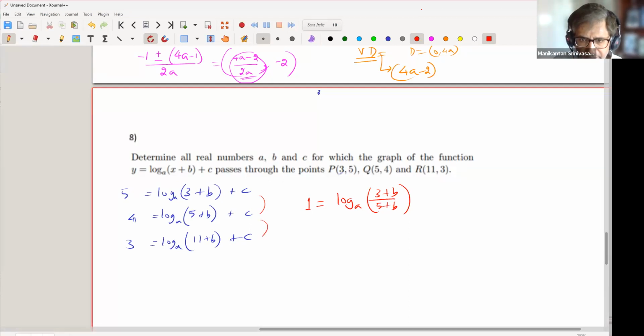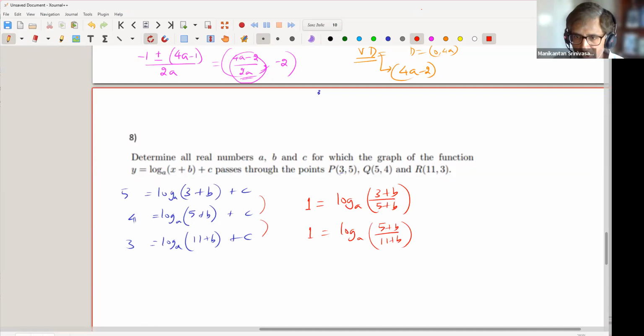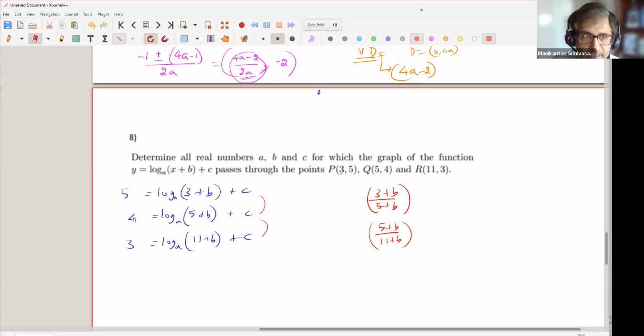Similarly, if I do the difference between these two, I get 1 equals log of 5 plus b by 11 plus b. Okay. So in other words, both of these quantities, 3 plus b by 5 plus b and 5 plus b by 11 plus b, are also a to the power 1. I might as well write this as a, and this is also a. So this is also a, this is also a.